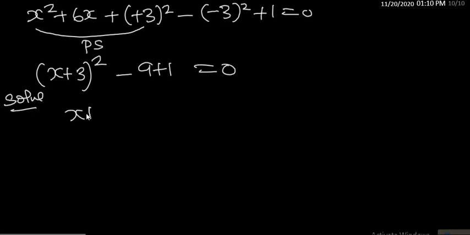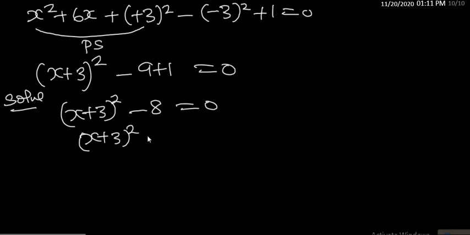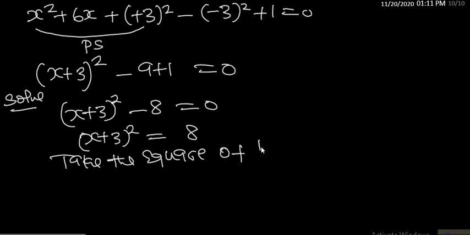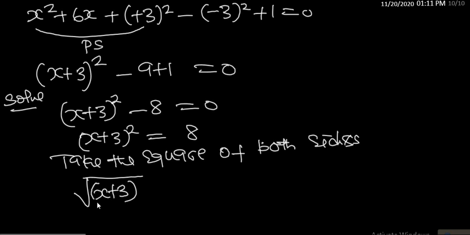So we can now simplify and solve the equation. We have x plus 3 squared minus 8 equals to 0. So x plus 3 squared equals to 8. So take the square root of both sides. That will give us the square root of x plus 3 squared equal to plus or minus the square root of 8.